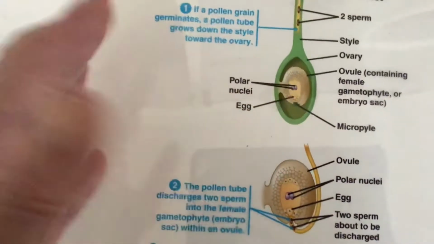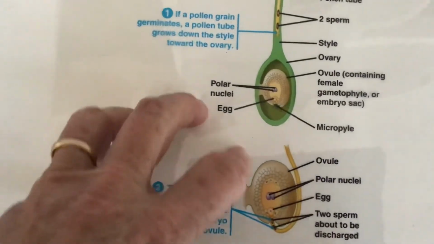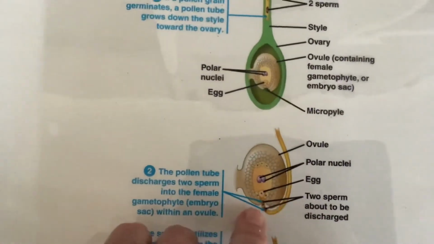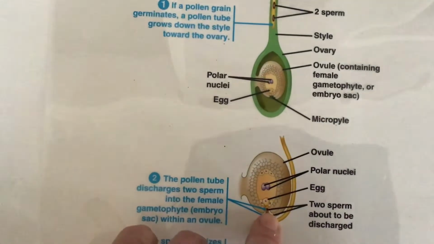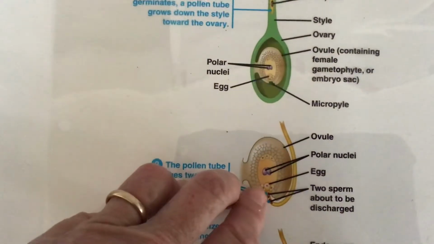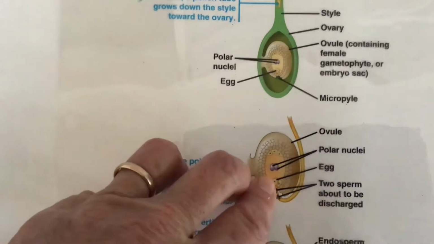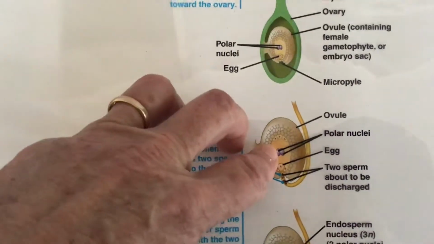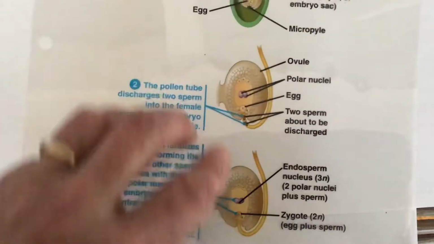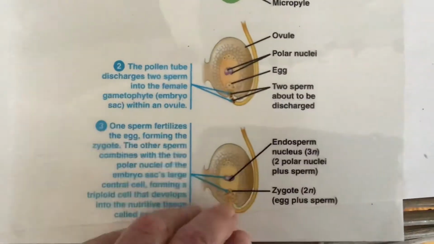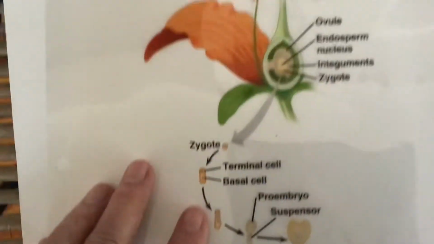All right, so that's just a double layer of protection. It makes this little hole here through which the pollen tube will grow. Here are the 2 sperm nuclei. One's going to fertilize the egg, and the other one fertilizes the polar nuclei, making a 3N structure, as we talked about.